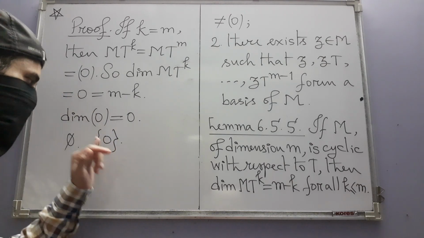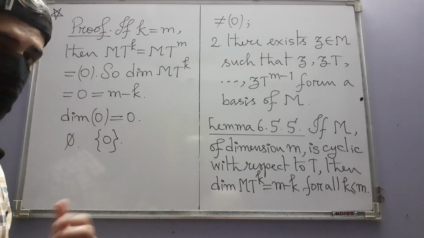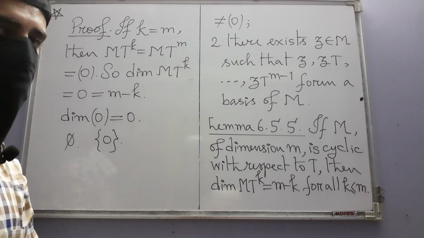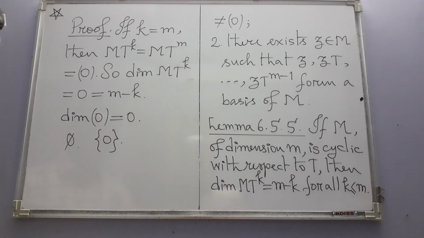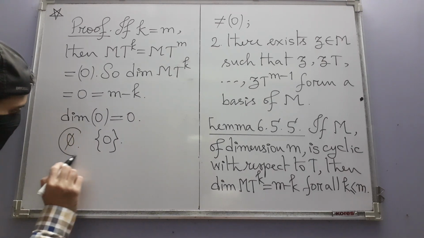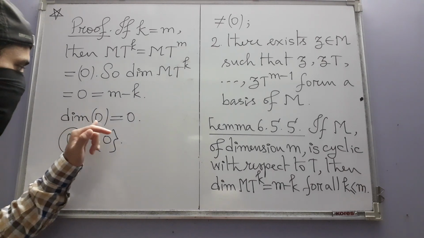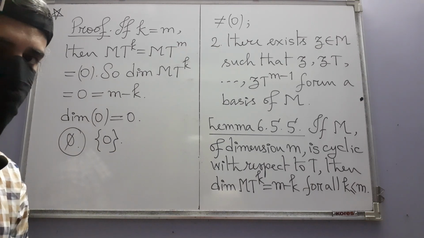This set spans the zero space, of course. However, it is not linearly independent because of the presence of the zero vector. The empty set is linearly independent and it also spans the zero space. This is where the confusion may lie.